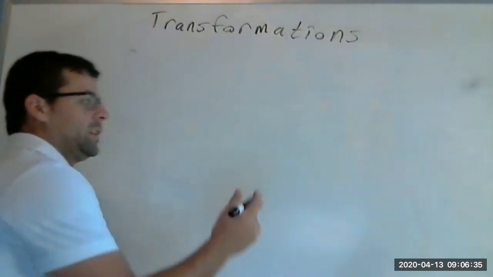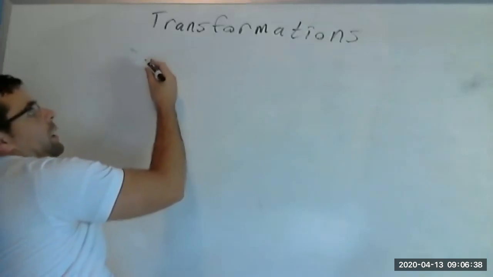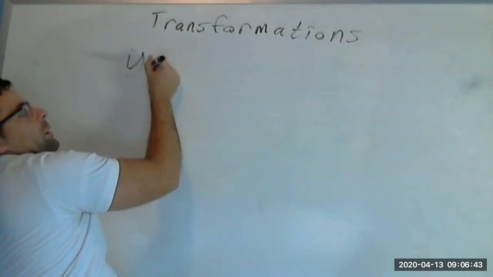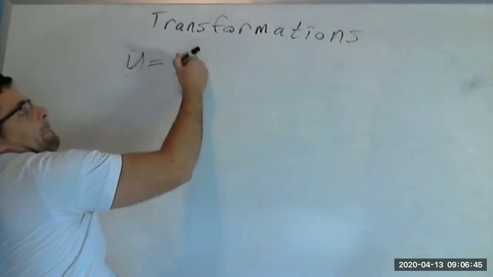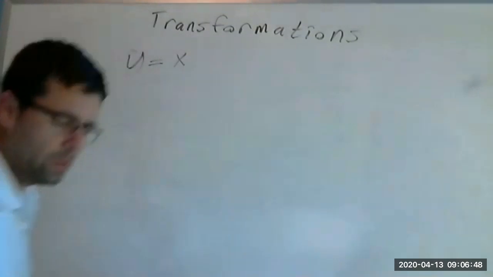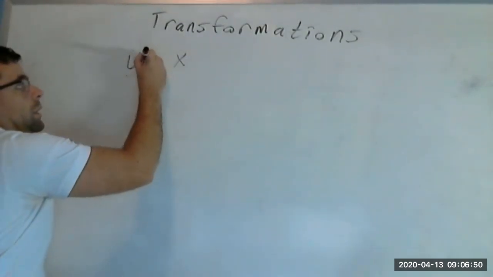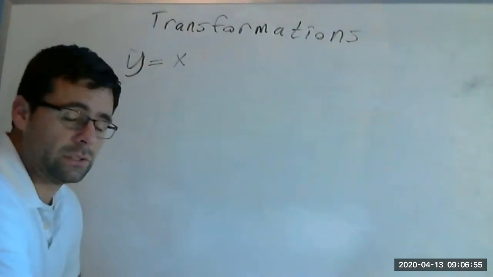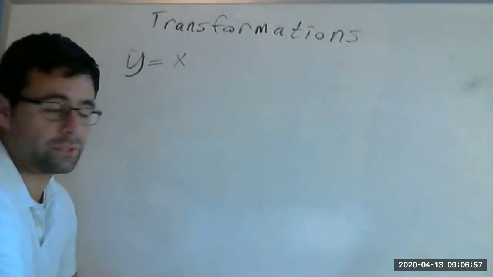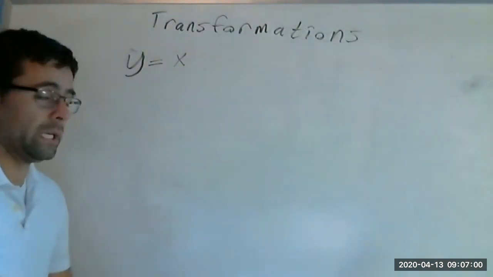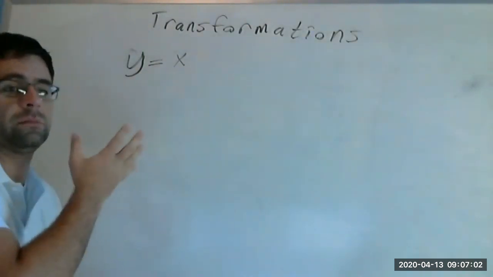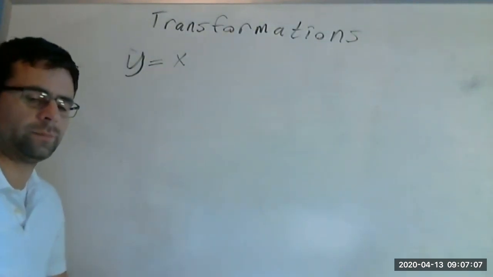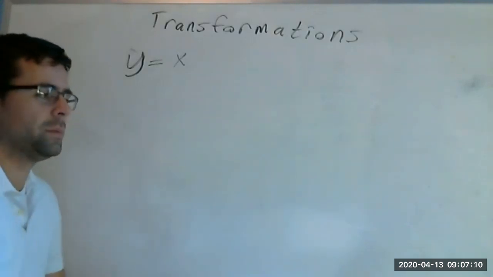The simplest version of these is for a line. y equals x is a parent function for linear functions, meaning you can take this linear function and transform it to make any other one.